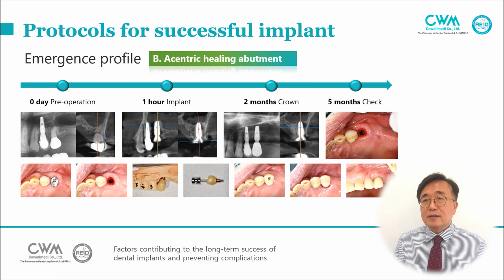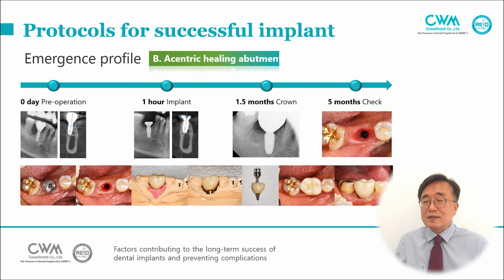And finally, after 2 months, the crown was inserted. So we could check again at 5 months. The gingiva was intact. This emergence profile was maintained. And here, the molar side. Buccal bone was resorbed around the implant.